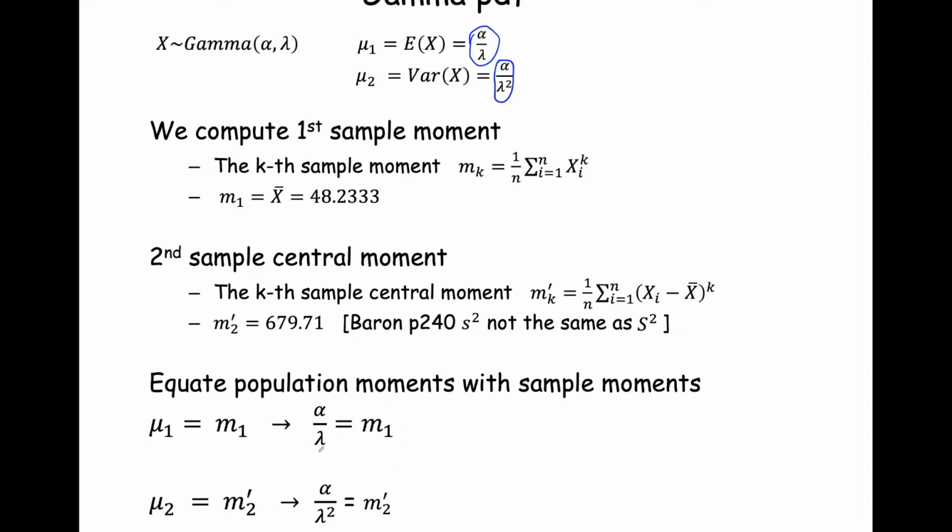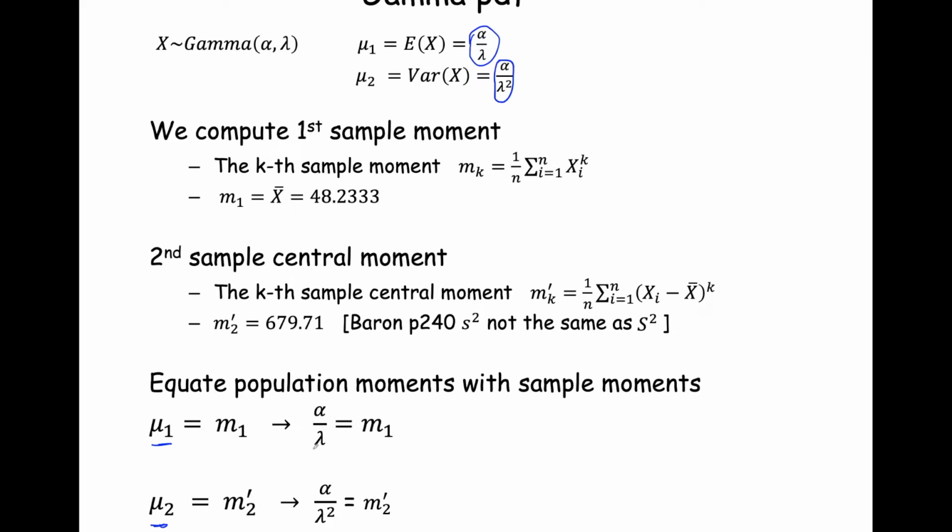Now that we've substituted for what mu1 and mu2 are, which we got from last semester when we talked about the mean and the variance of the gamma distribution, we make that substitution.